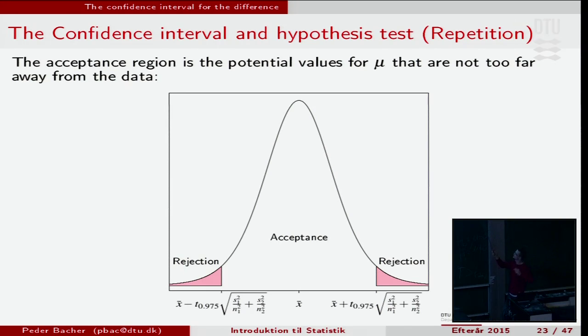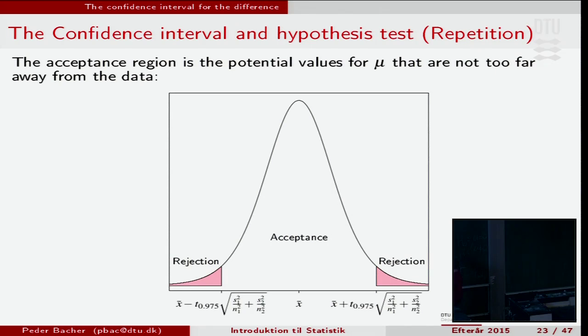If we observe these 9, let's say, in each of these samples, we calculate the difference between those two sample means. So from these 9 observations we calculate the mean, that difference, and then we add this to get the upper limit of the interval and subtract it to get the lower limit.